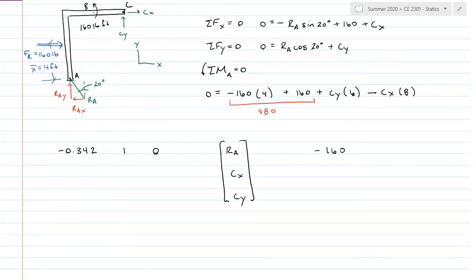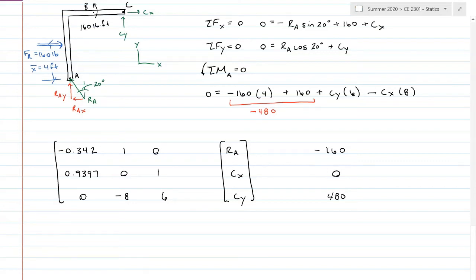Moving to force Y, I have cosine of 20 degrees, 0.9397, CX is 0, and CY is 1. And I have a constant of 0. And then my last moment equation, let's see, my reaction at A is going to be 0, CX is negative 8, CY is positive 6, and its constant is going to be positive 480.